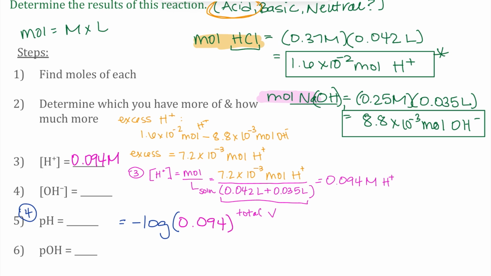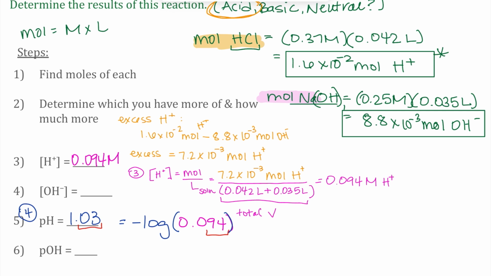When I plug that into my calculator, I'm going to have 1.03 as my pH, and 2 sig figs mean I need 2 digits after the decimal. Normal sig figs for concentrations, but for pHs and pOHs, we do digits after the decimal. So 1.03, that makes sense because this is an acid. We should have a low pH.